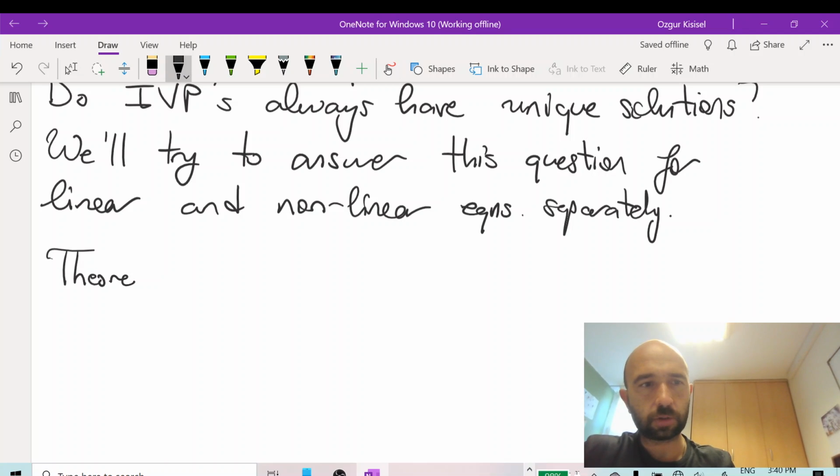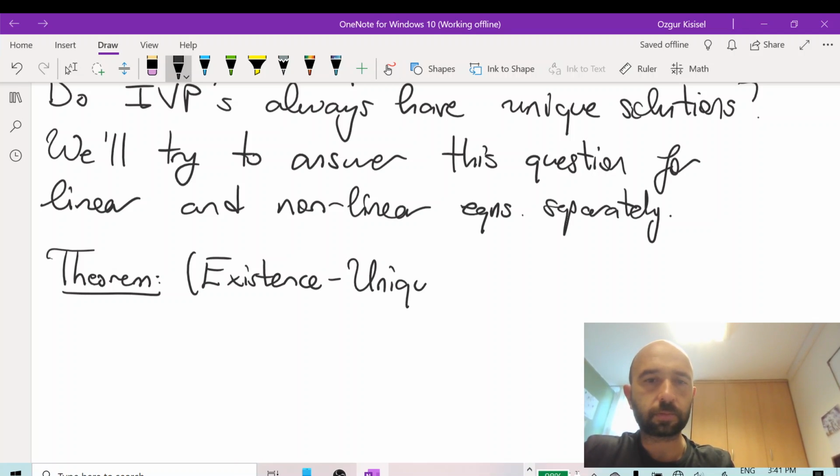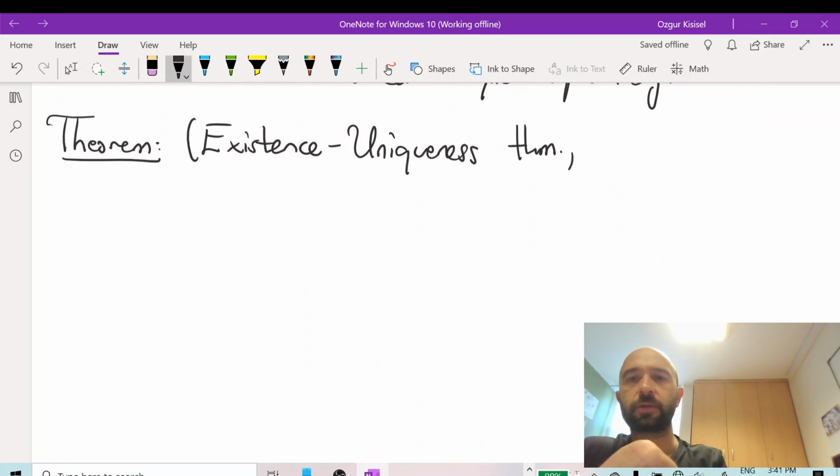So this is the existence uniqueness theorem in the linear case.